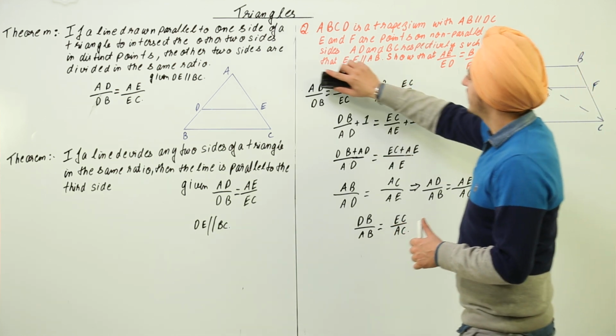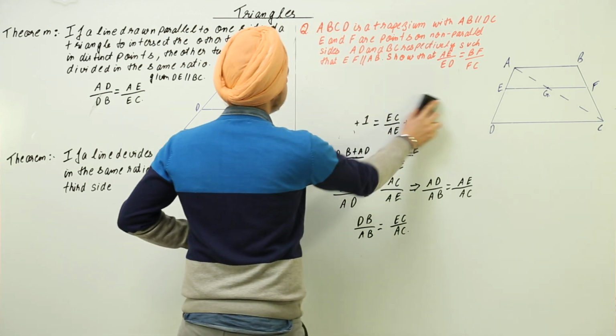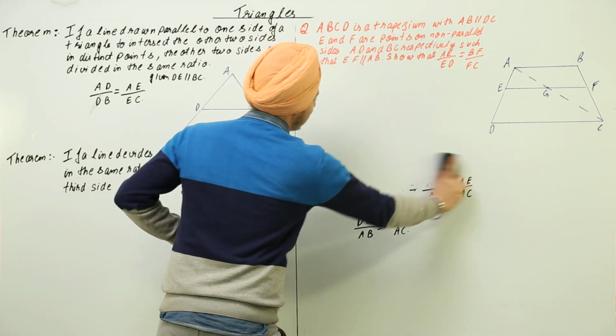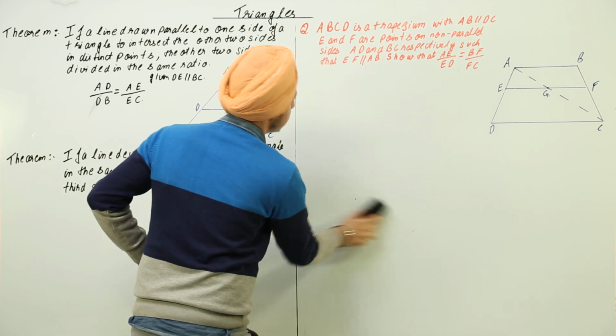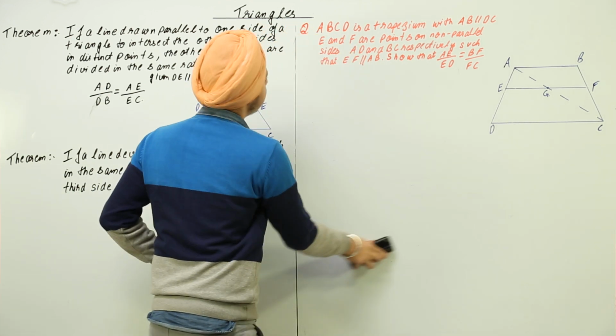Okay. Now the first question over here says ABCD is a trapezium, in which we have the side AB parallel to the side DC.